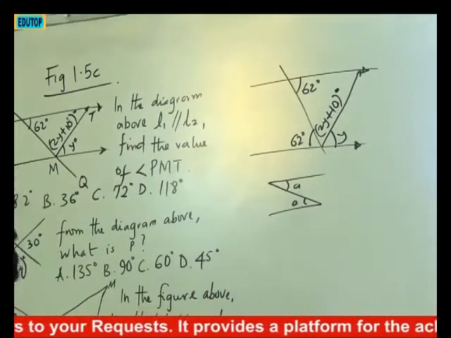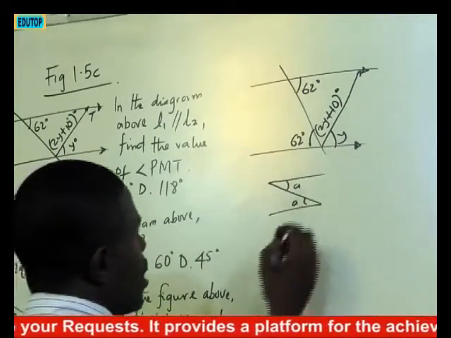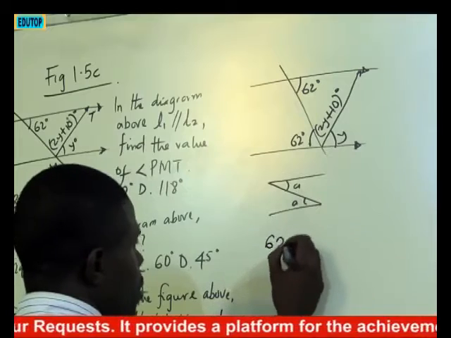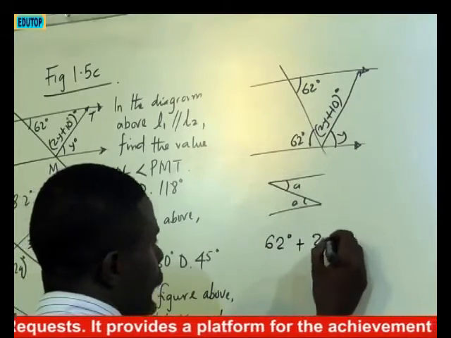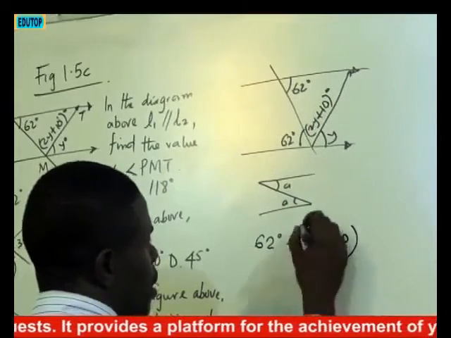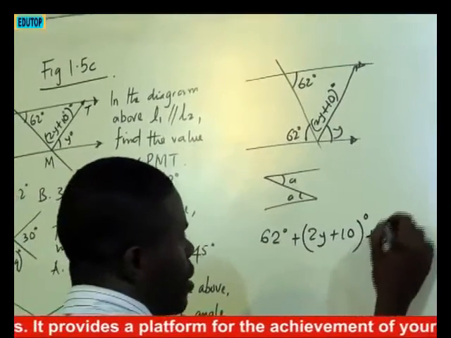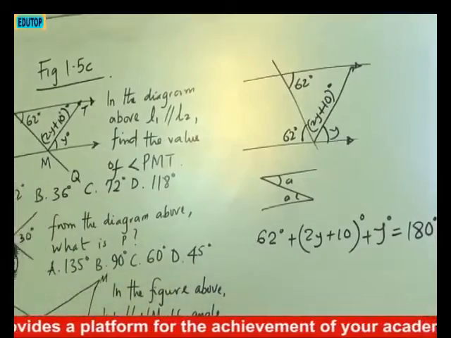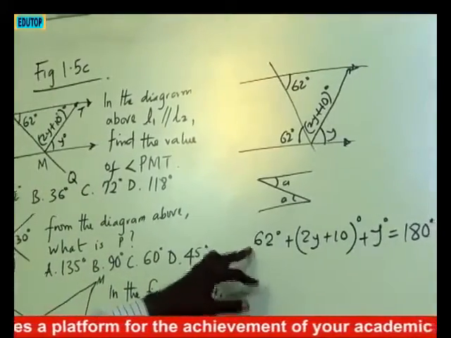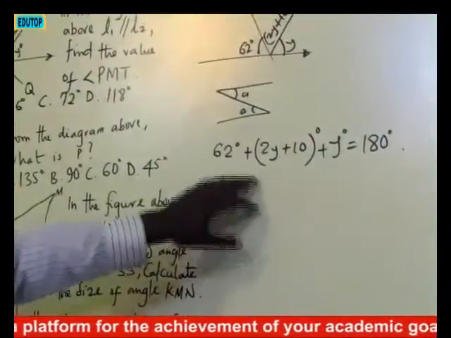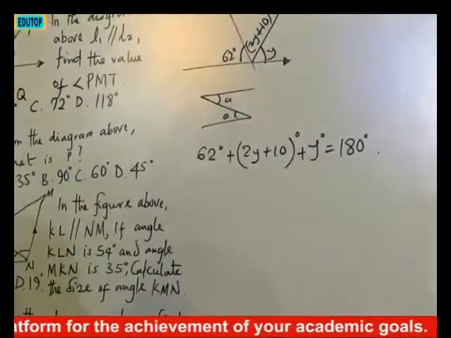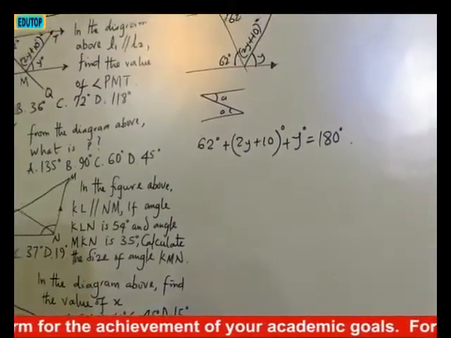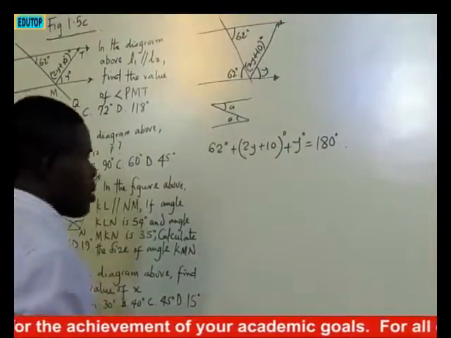So it can be deduced that since this is a straight line, I can say 62 degrees plus 2y plus 10 degrees plus y degrees must be equal to what? 180 degrees, because in our previous lessons, we must have been told that the sum of angles formed on a straight line is 180 degrees.